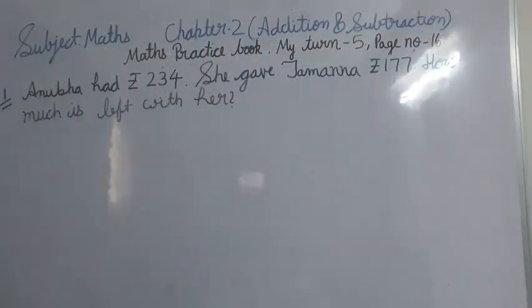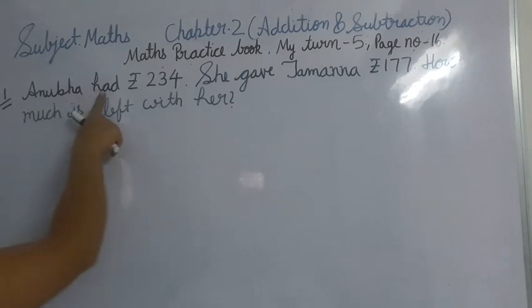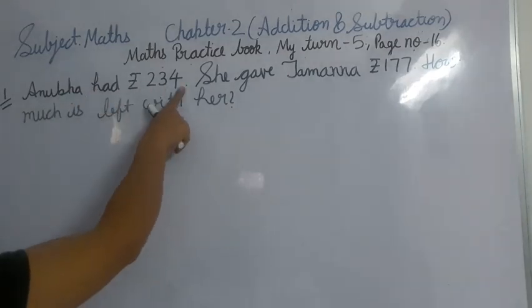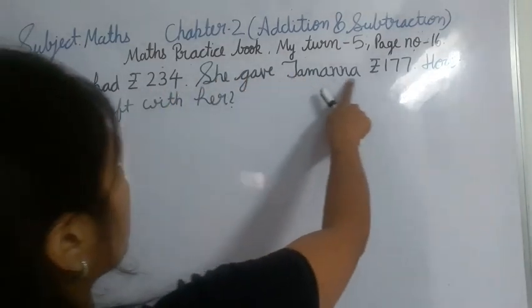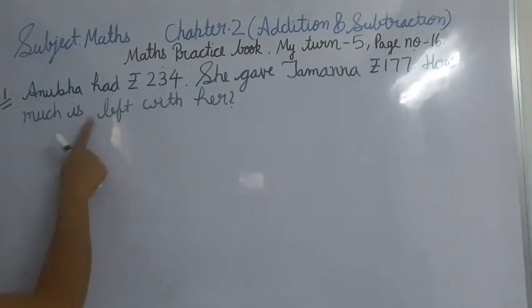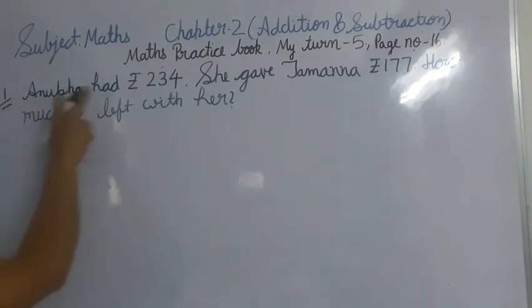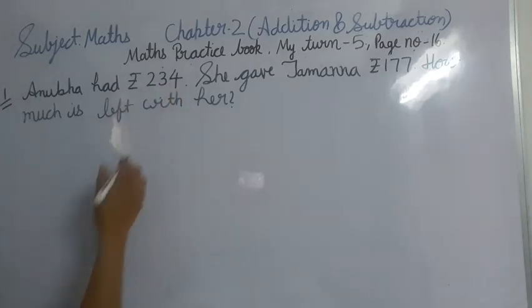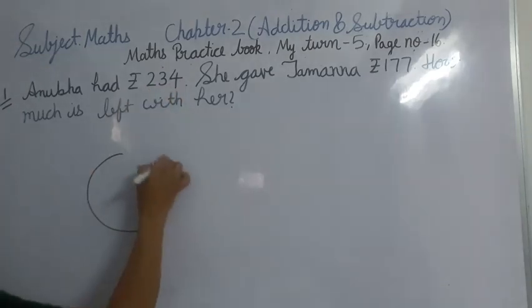Our first problem is Anuba had rupees 234. She gave Tamanna rupees 177. How much is left with her? So there are two girls, Anuba and Tamanna. Anuba's total is 234. Total means the whole money.